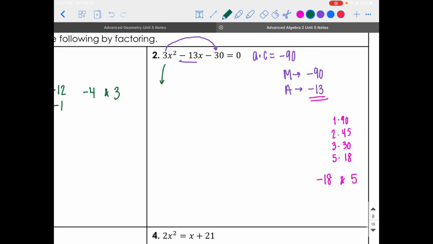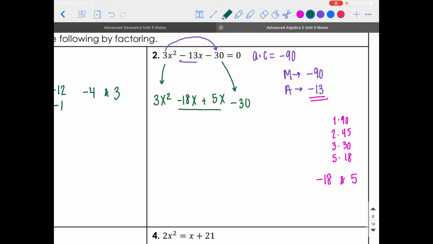So what we do is we bring down the 3x squared, bring down the -30. This middle part, we put the negative 18 with an x and the 5 with an x.